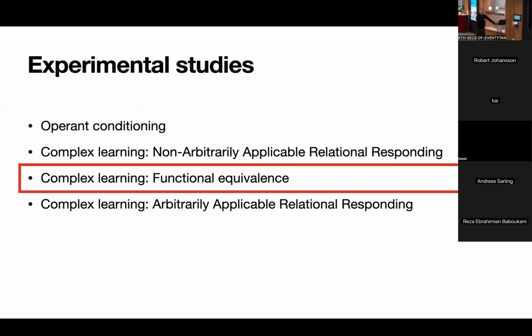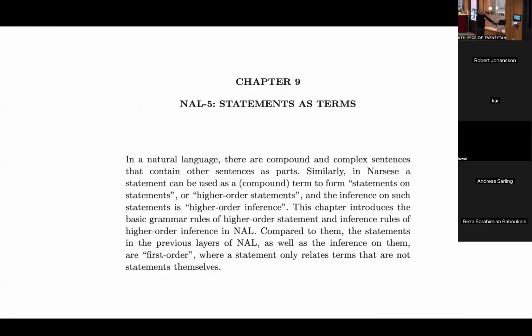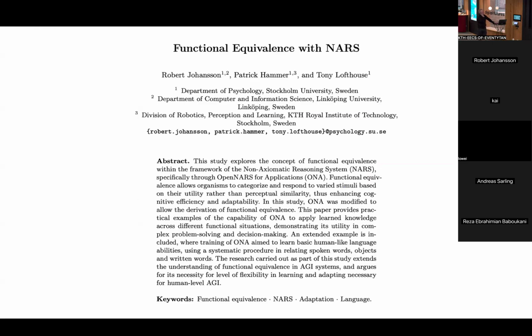Something we have explored only during the last year is another type of complex learning called functional equivalence. And functional equivalence is something where we have used a part of what Pei Wang calls reasoning on statements as terms. This was published as a workshop paper at the AGI conference that was in August.